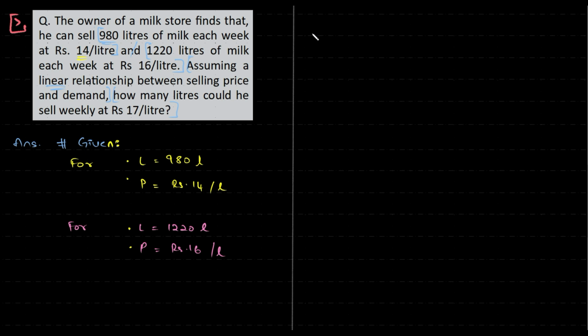Okay, so we can start off with, as the relationship is linear, we can make use of y minus y1 is equal to m times x minus x1.